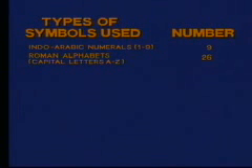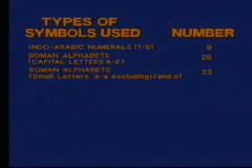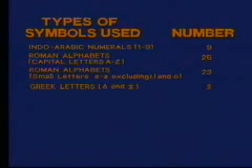Roman alphabets, capital letters A to Z, are 26. Roman alphabets, small letters A to Z, excluding I, L and O, are 23. Greek letters, delta and sigma, are 2.